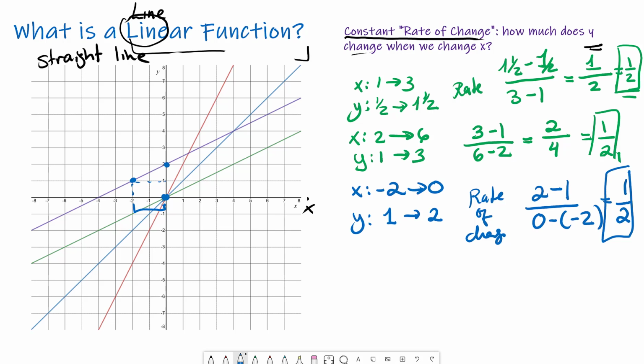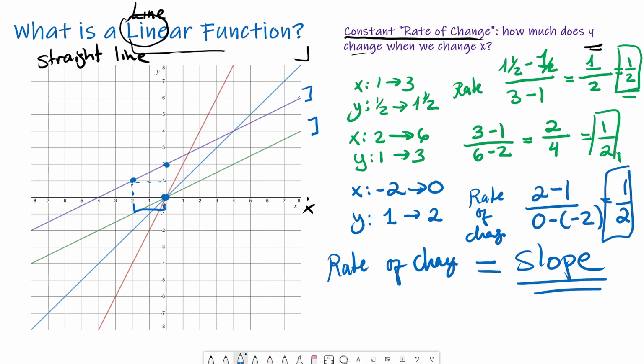And it's interesting to compare the green line and the purple line here. As you can see, they are parallel, and they look like they have the same slope. And that is very true. What we learned from this is that the rate of change is the same as the slope. I think slope is a word we're more familiar with from real life.